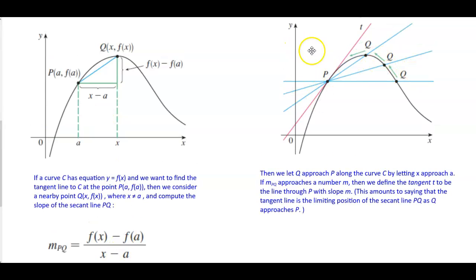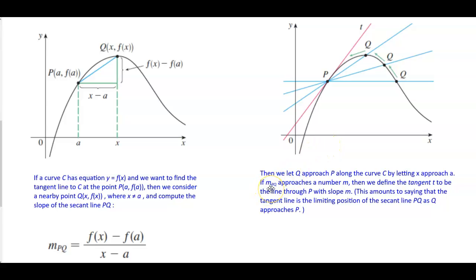Now if we take a look at this graph on the right, we have this line PQ. This first one here is a secant line, and then it moves closer for another secant line to the point where it then becomes a tangent line at P. To describe this, we let Q approach P along the curve C by letting x approach a.